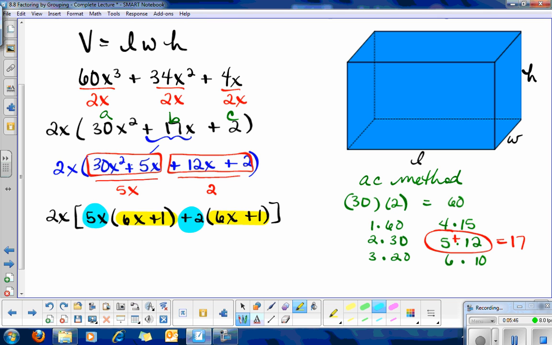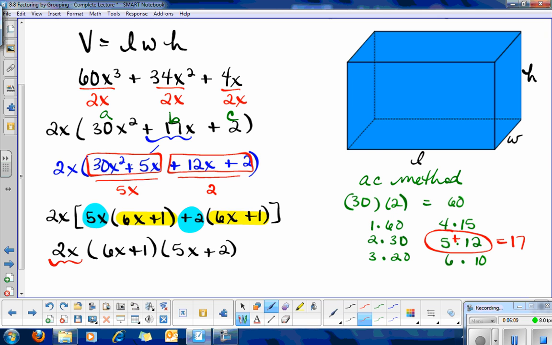So our final factored form of this volume is 2x times 6x plus 1 times 5x plus 2. So you can assign each one of these.